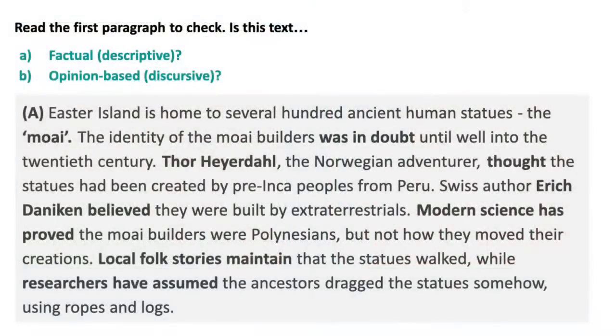So in that first paragraph, what else have we got? We've got Thor Heyerdahl, the Swiss author. What else is a theory, even if it's been proved to be correct? We've got, well, from modern science to local folk stories. So there is some evidence, like any good academic text, you look for evidence to support your theory, like you do in the writing task too.